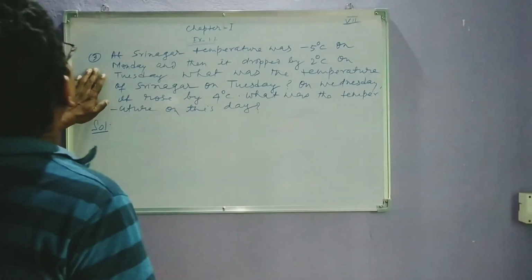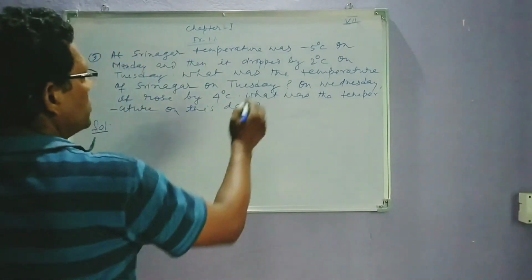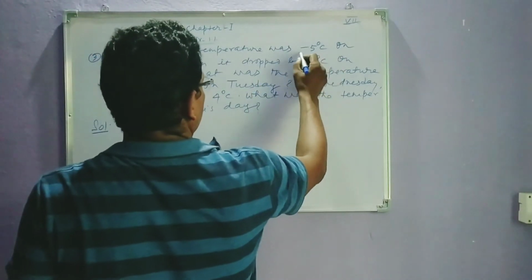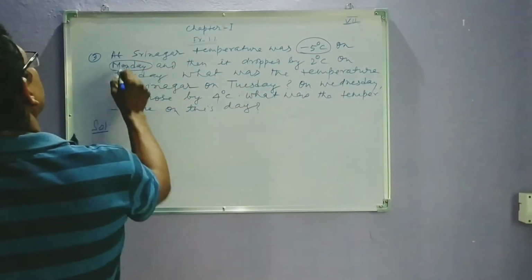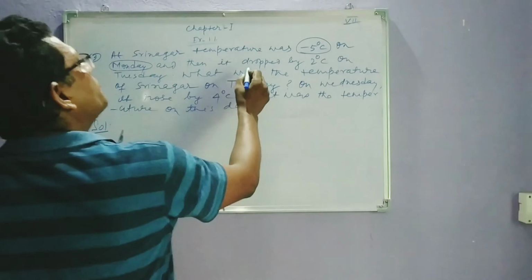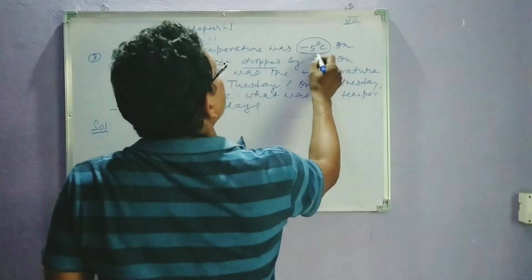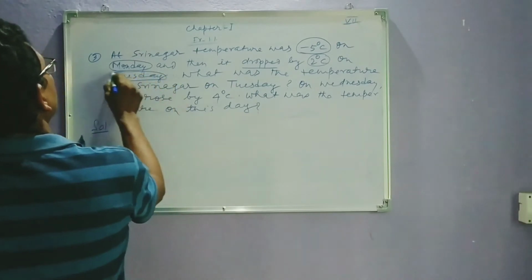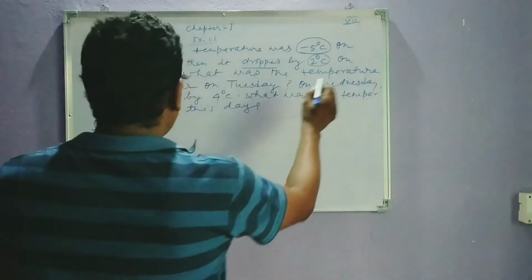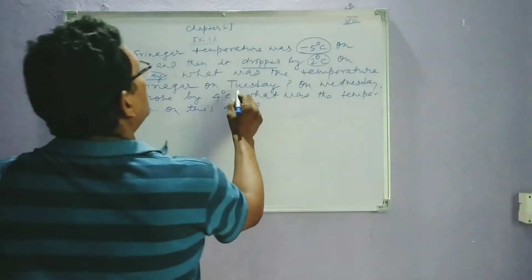Now question third. At Srinagar, the temperature was minus 5 degrees Celsius on Monday, and then it dropped down by 2 degrees Celsius on Tuesday. What was the temperature of Srinagar on Tuesday?